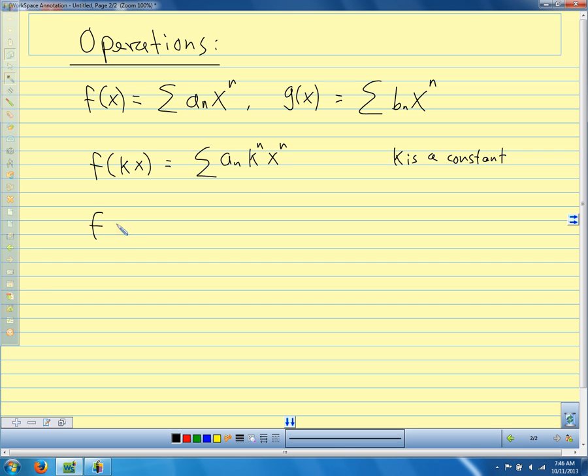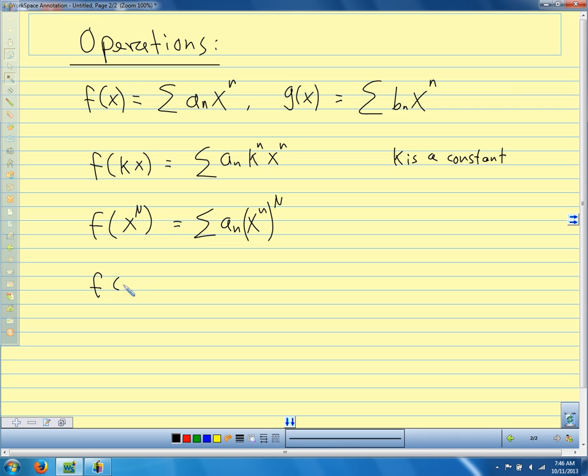We can raise our variable to an exponent, and we get raising our variable to an exponent in our power series. And we can add power series together.